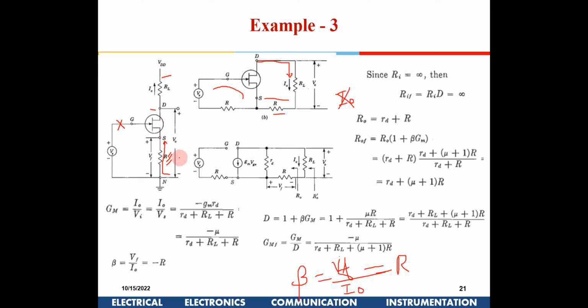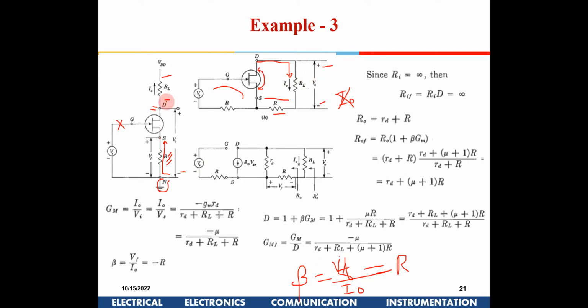We make a loop starting from plus and minus where it was. This need not be ground in the output circuit. We just have to complete the loop between the drain and the source of the transistor, and keep the polarities the same, across which the VOL will be.